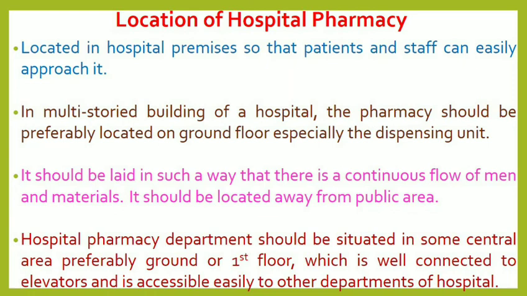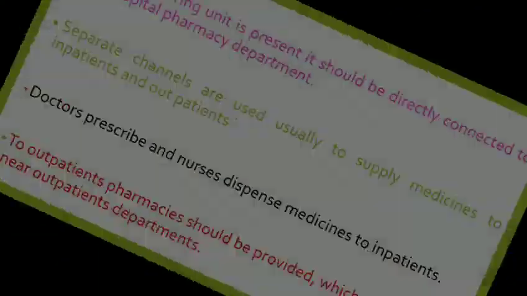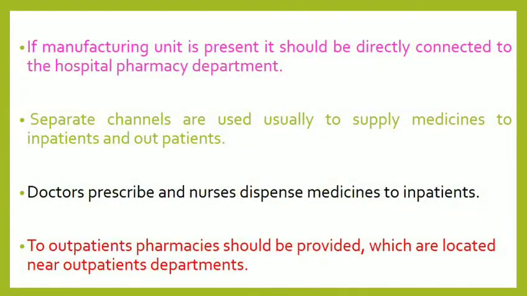Hospital pharmacy department should be situated in some central area, preferably ground or first floor, which is well connected to elevators and is accessible easily to other departments of hospital. If manufacturing unit is present, it should be directly connected to the hospital pharmacy department.